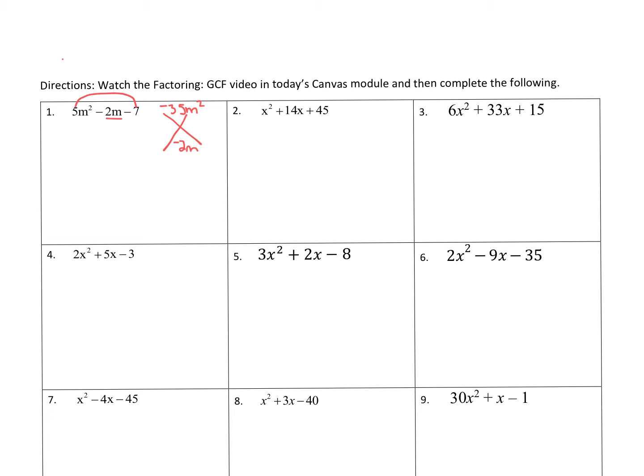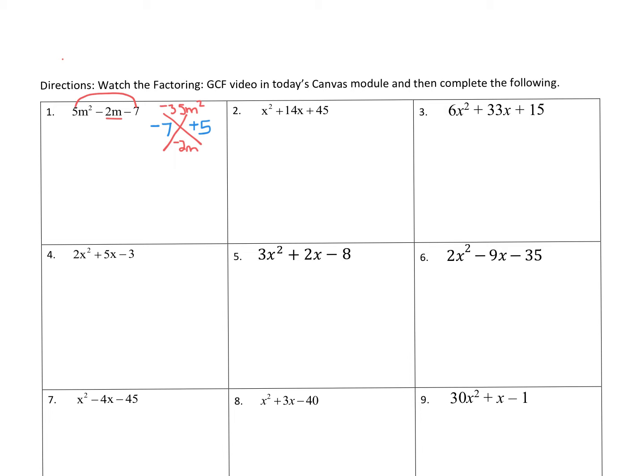If I need to, I can write the factors out, but what I'm really looking for is one positive and one negative, because if I multiply that together, that will give me a negative. And I need the factors to sum to negative 2. That is going to be a negative 7 and a positive 5. Because if I multiply a negative 7 times a positive 5, that gives me negative 35. If I add those together, it gives me a negative 2.